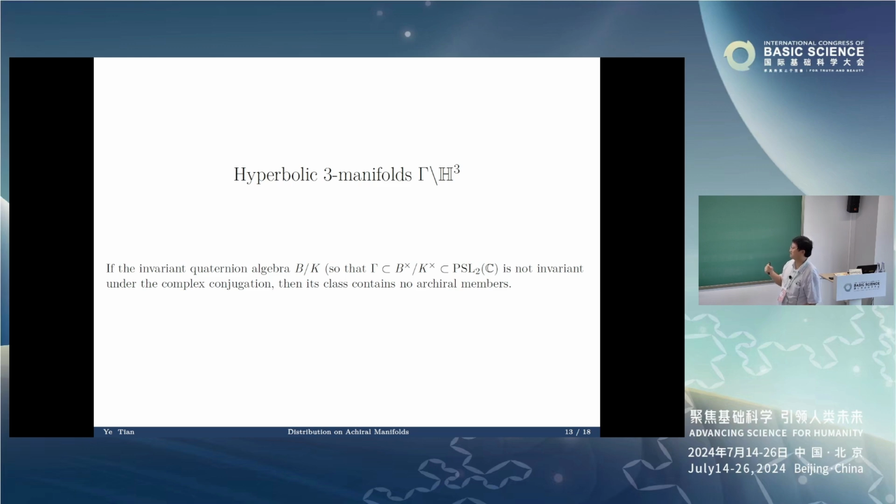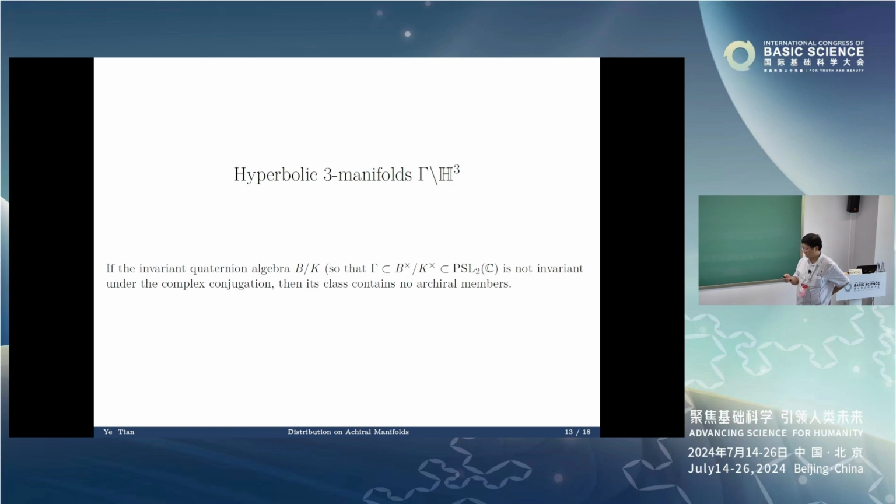You can associate to this manifold a quaternion algebra B over K. We view K as a subfield of C, so there is a complex conjugation. If the quaternion algebra is invariant under the complex conjugation, then it is a base change from a smaller number field. But if it's not the case, then the commensurable class of this manifold contains no achiral members.